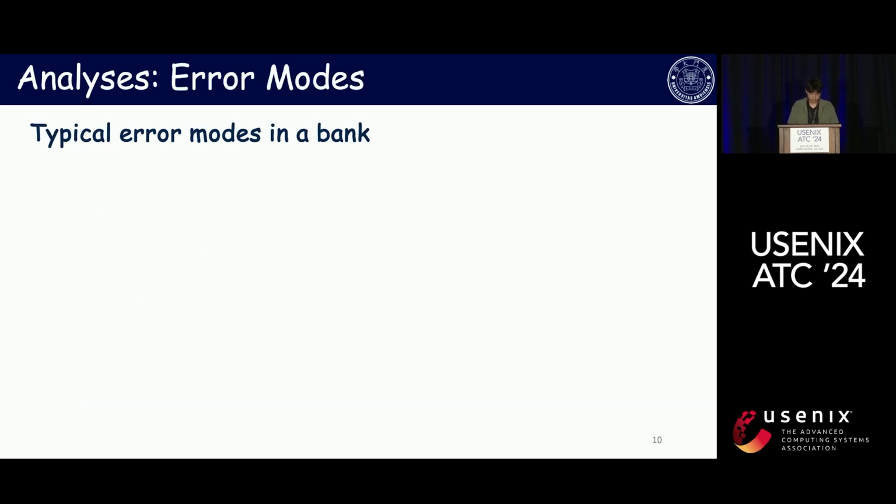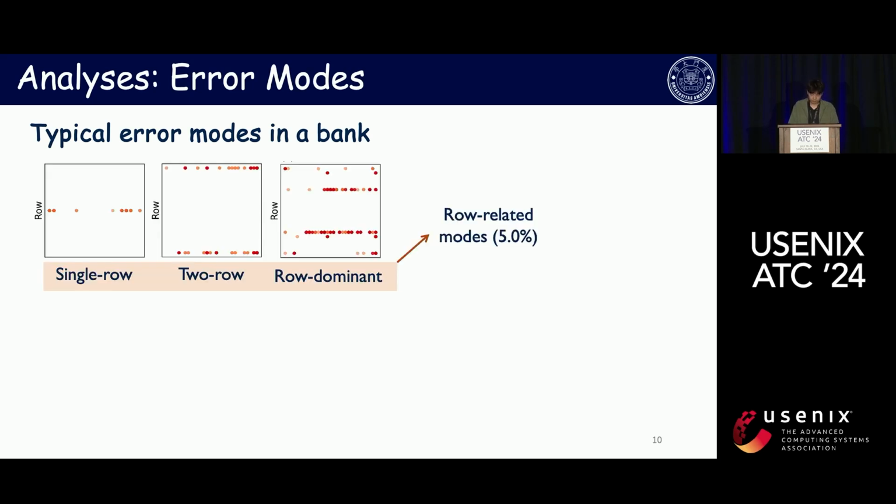Next, we analyze the error modes in HBM. In our dataset, we identify 9 typical error modes, including 3 row-related modes, 3 column-related modes, and 3 other modes. Here, we primarily discuss the row and column-related modes. The row-related modes indicate that errors cluster in a single row, 2 rows, or specific rows.